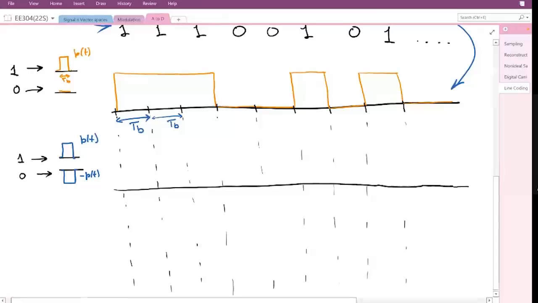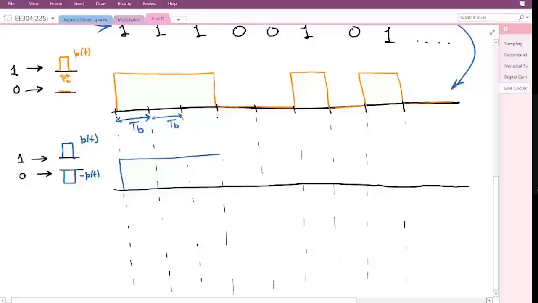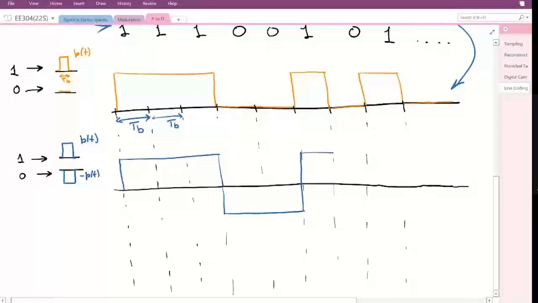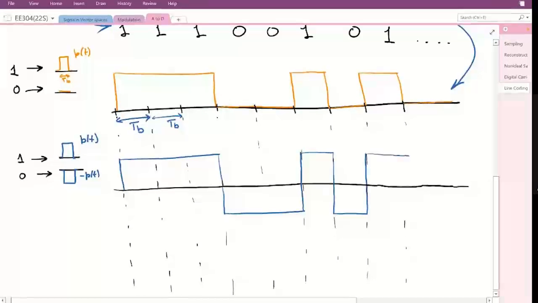So if I now draw this one, the ones will be the same. But for zeros, the amplitude level will no longer be zero, it becomes -1, like this. It will continue like this.